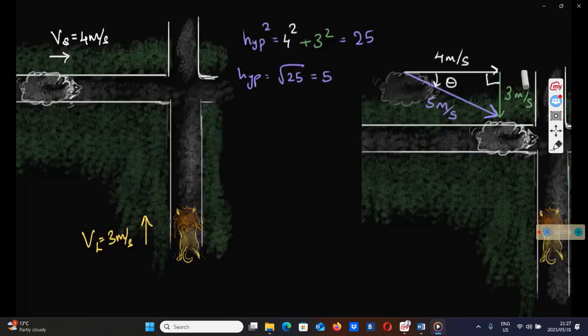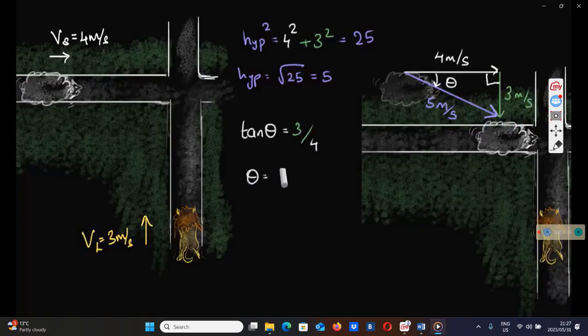So we can use trigonometry. We can use sine, cos. We usually prefer to use tan. It's not a necessity. You can use anything you want. But if I use tan, we will get the opposite side, 3, divided by 4.